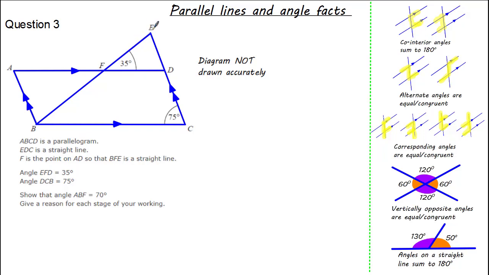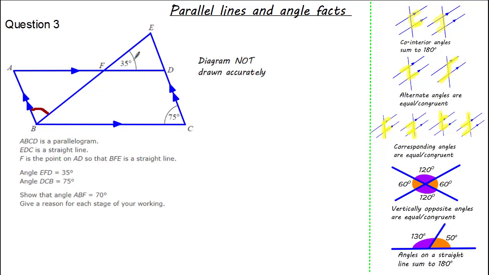It states that angle EFD is 35 degrees, and angle DCB is 75 degrees. We need to show that angle ABF is 70 degrees, ensuring we give a reason for each stage of our working out.